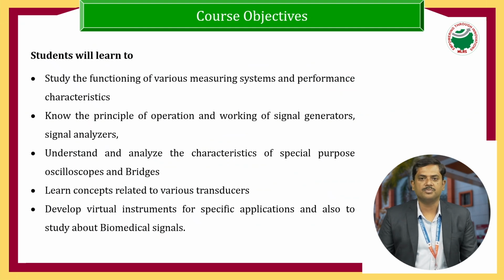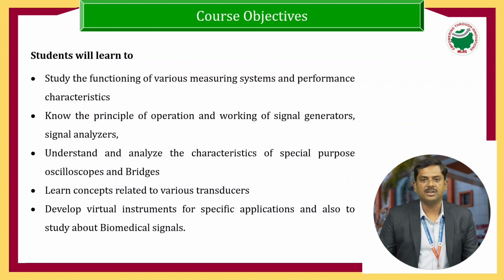Coming to the course objectives, the students will be able to learn about the functioning of the various performance characteristics of the measuring systems, and also the basic functioning and working principle of signal generators and signal analyzers.